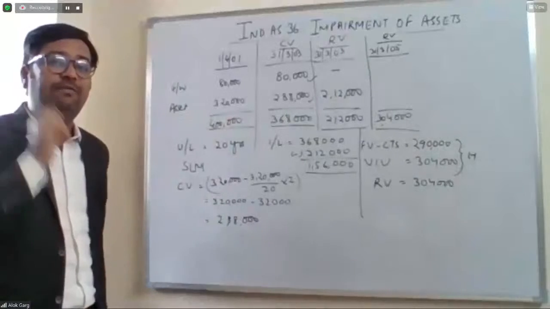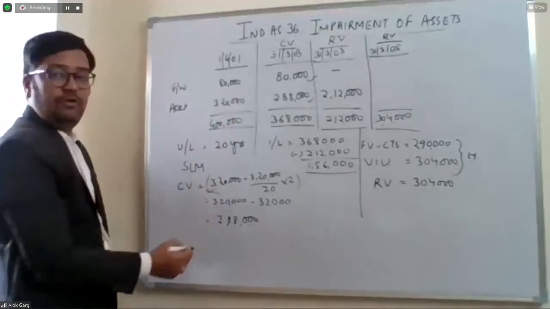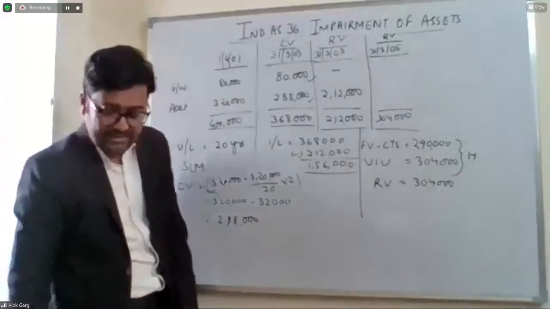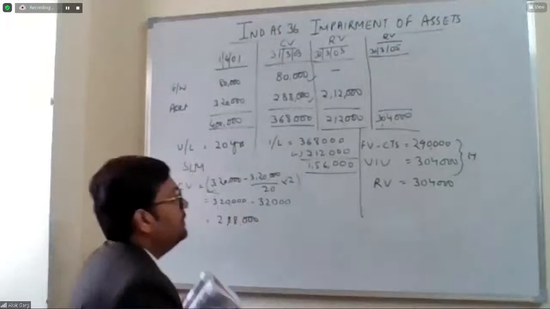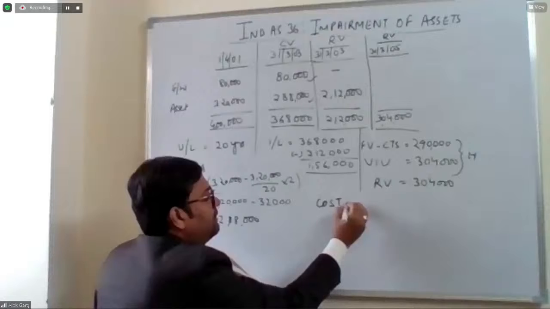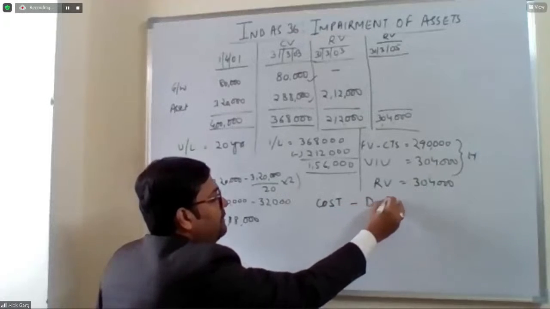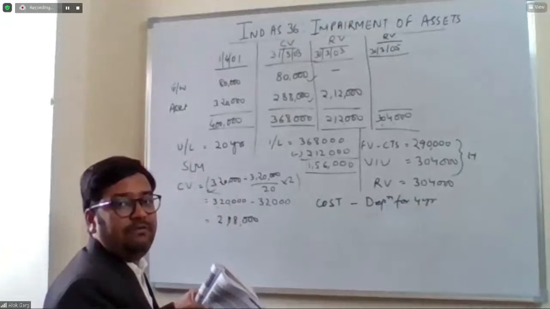So what was the value of the asset? The value of the asset was 3,20,000. You remember 3,20,000. So in this case, the cost of the asset was 3,20,000 minus depreciation for 4 years, which is up to 31st March 2005.